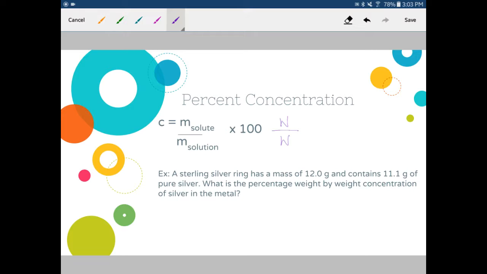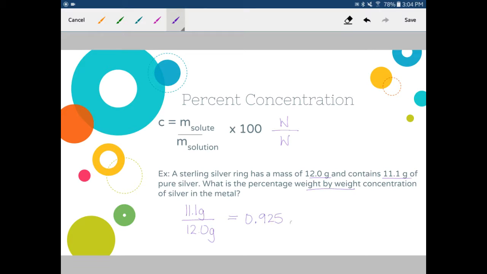A sterling silver ring has a mass of 12 grams and contains 11.1 grams of pure silver. What percentage weight by weight concentration of silver is in the metal? This is when we have 11.1 grams of our silver in our overall ring, which is our total mass, and this equals 0.925.